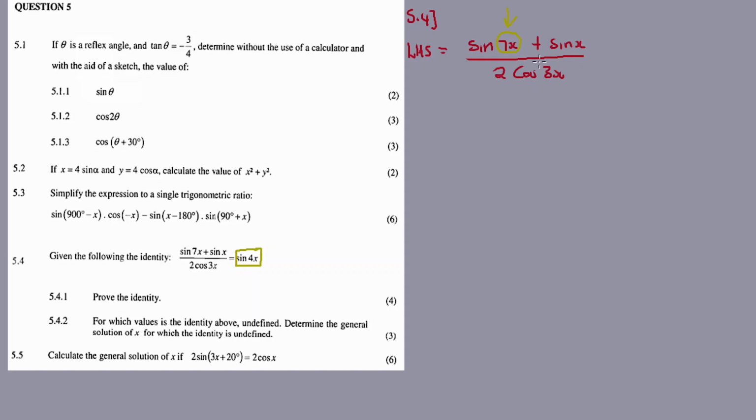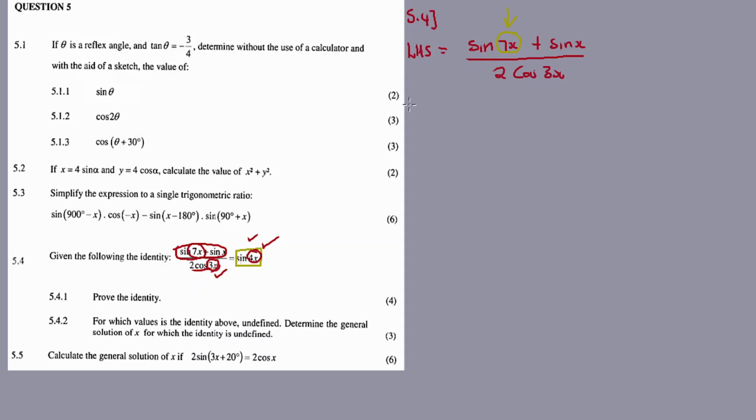So it's only logical that we split this thing into 3x plus 4x. There I have a 4 below 3x, meaning that on top there must be a cos 3x which can cancel this cos 3x below, and then eventually we are left with sine 4x. You see that somewhere up there we have sine 4x and cos 3x, so 3 plus 4 is 7.